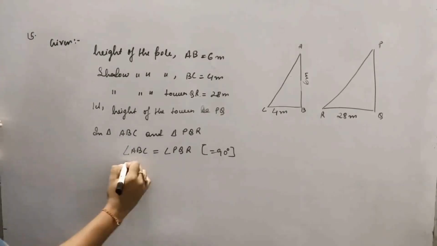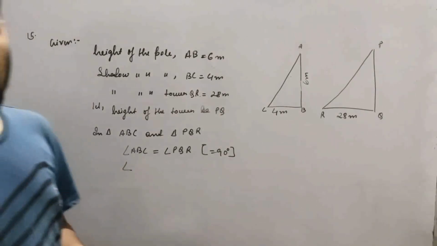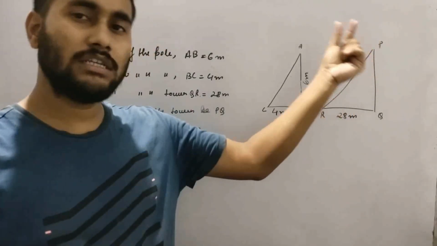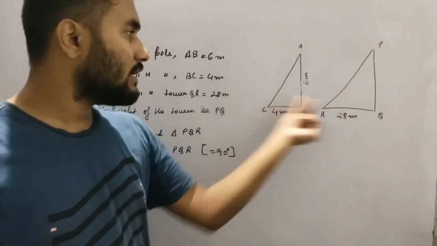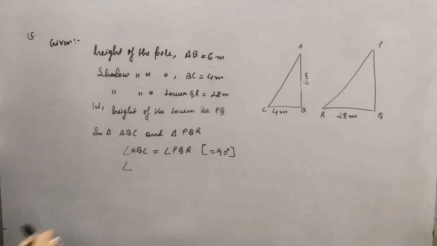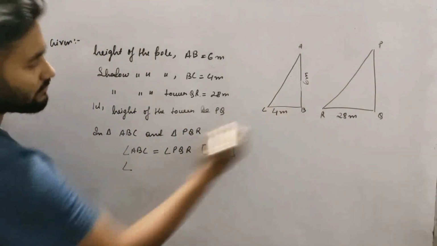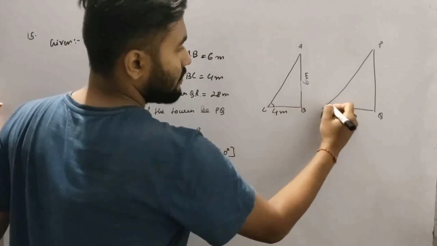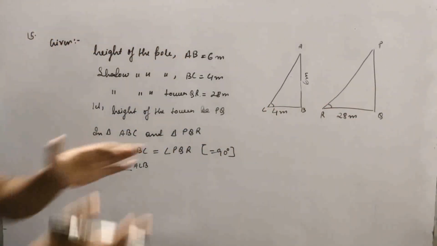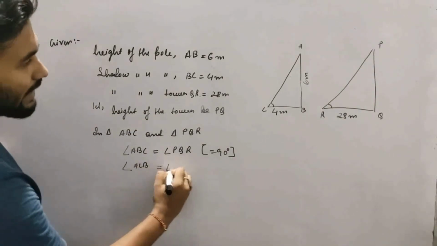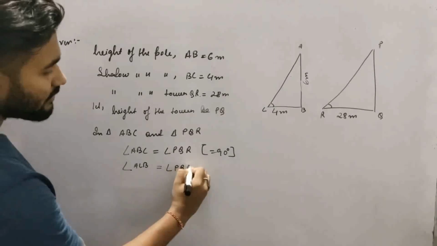Next, as I have said, at a particular same time, the position of the sun is fixed, and for that the angle of elevation of the sun will be the same. Okay, so I can say this angle ACB, this is the angle of elevation of the sun by which the shadow is created. Angle ACB will be equal to angle PRQ.